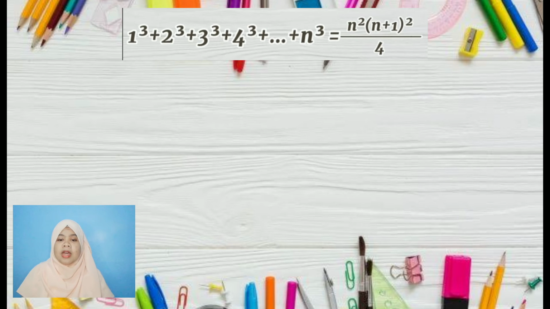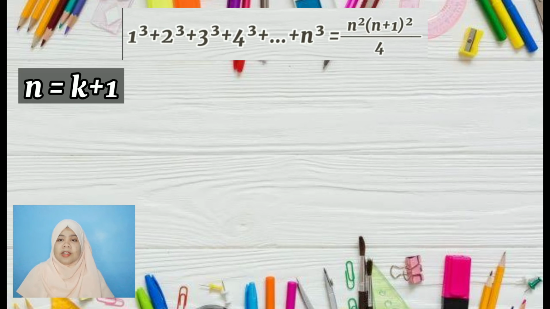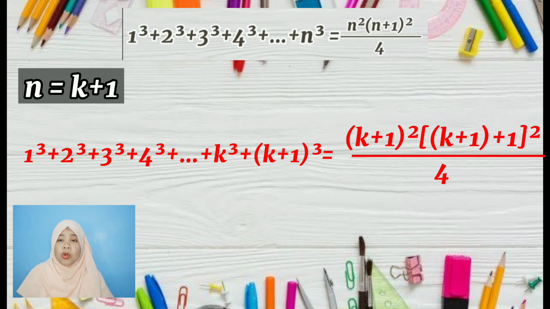Since we assume that n equal to k is true, then we also assume that n is equal to k plus 1 is also true. So we have 1 cubed plus 2 cubed plus 3 cubed plus 4 cubed plus ... plus k cubed, then add one more term, but this k will change into k plus 1.